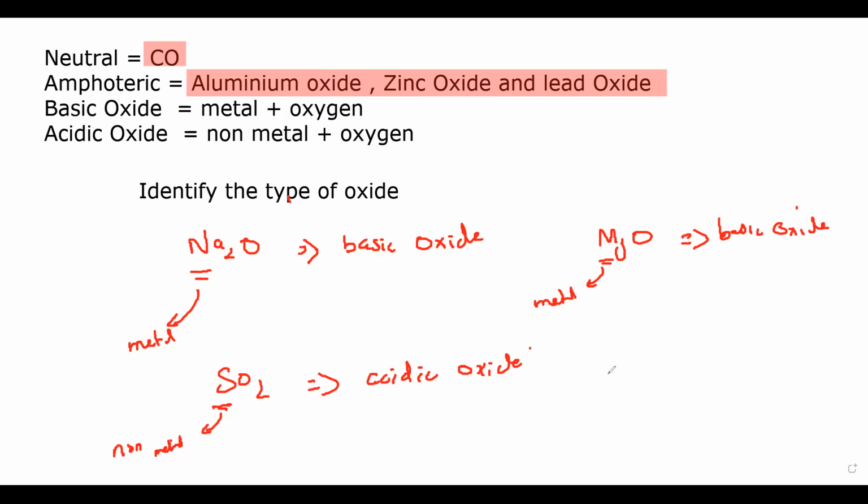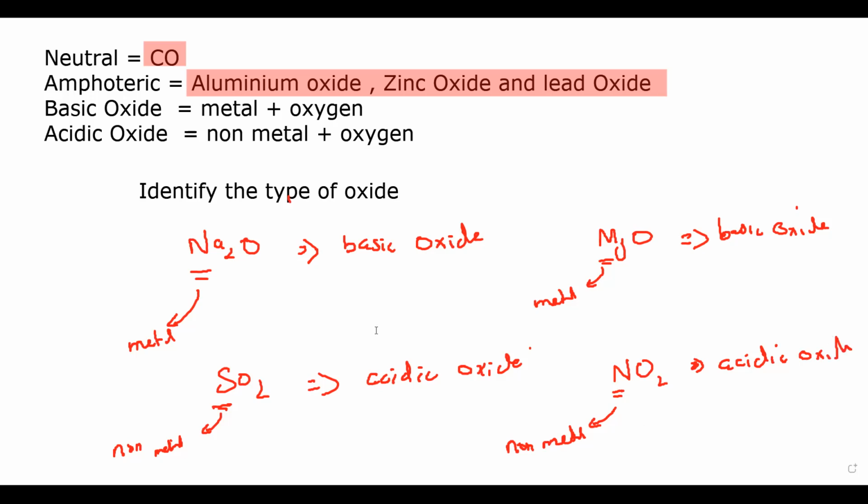Same way, if I say I have nitrogen dioxide, it does not belong to these options, so it will be a non-metal. And whenever it's a non-metal, what kind of oxide is this? It will be an acidic oxide.